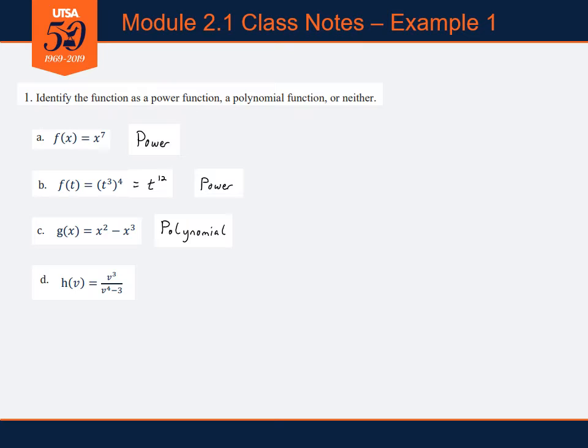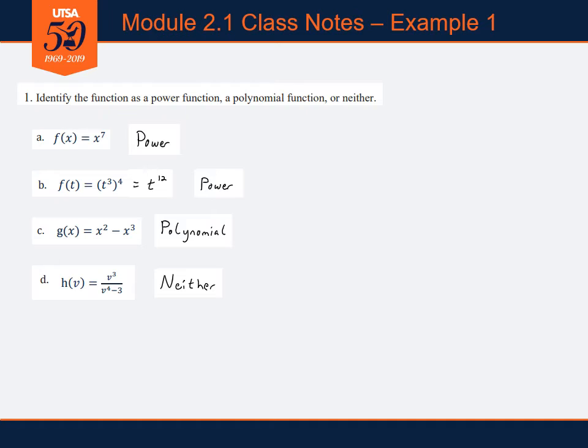It's not just a sum or difference of whole number powers of the variable. This is not a polynomial function, and it's not a power function, certainly, because it's not just the variable to a whole number power. This is neither, though it is a type of function that we deal with frequently and that we will see in future modules this semester.